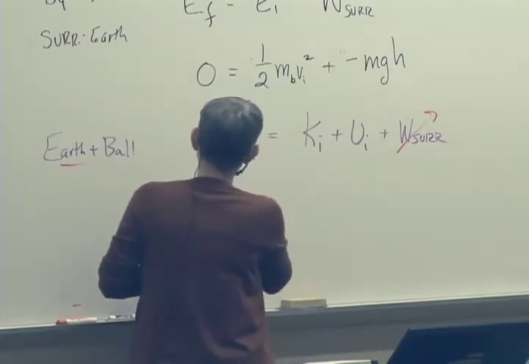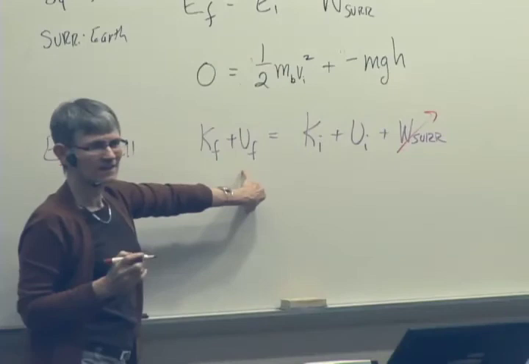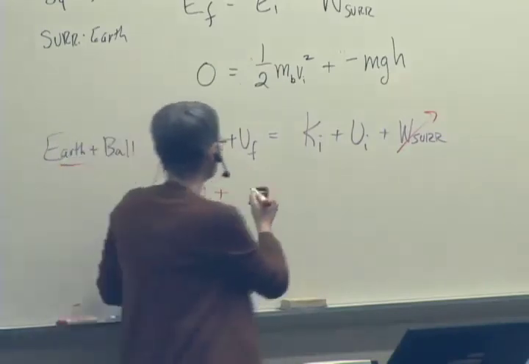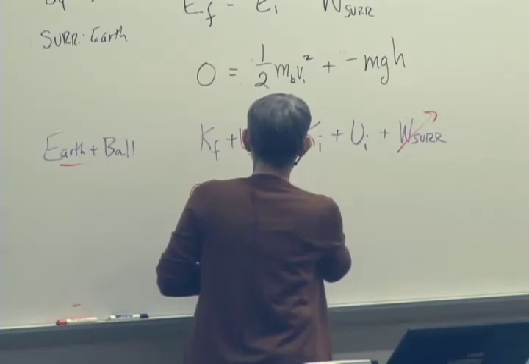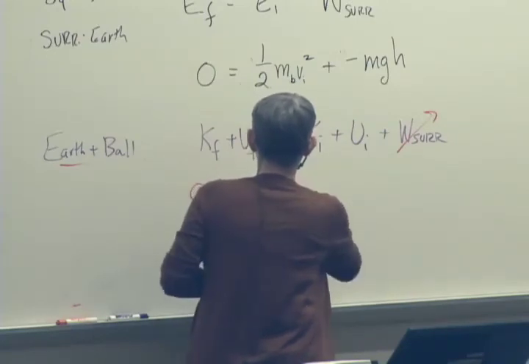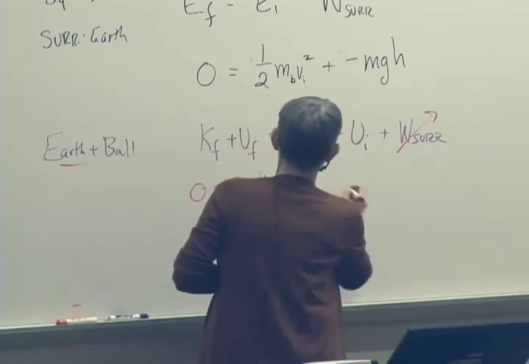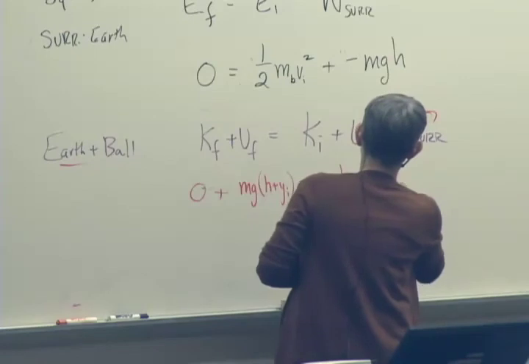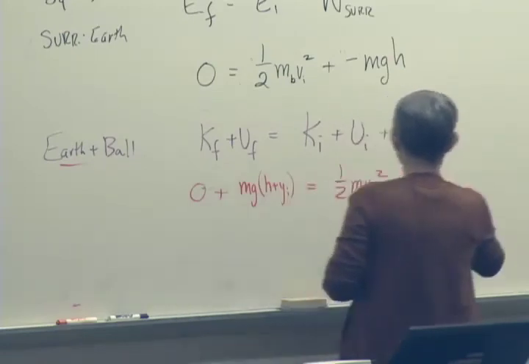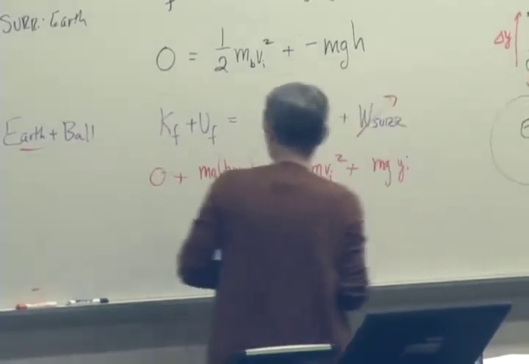And so that's 0, but this is going to be mg times h plus whatever y initial was, and that's going to be a half mv initial squared plus mg times whatever y initial was.